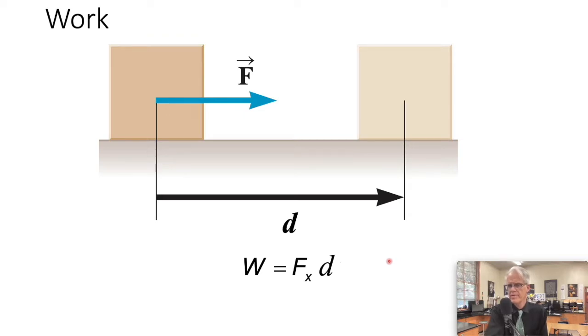This only gives the magnitude of the work done on an object when the force is constant and parallel to the displacement. This works in certain cases, but as a general, more sophisticated definition, we might want to use this.